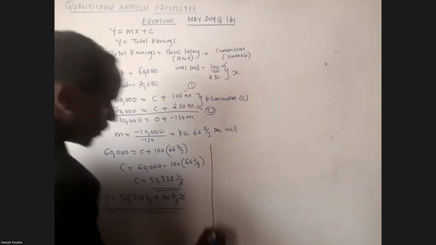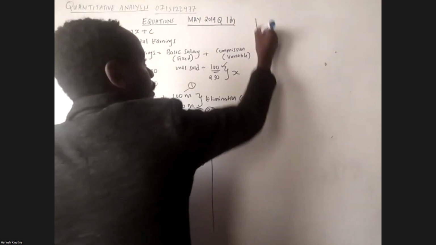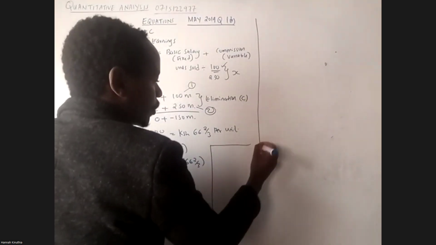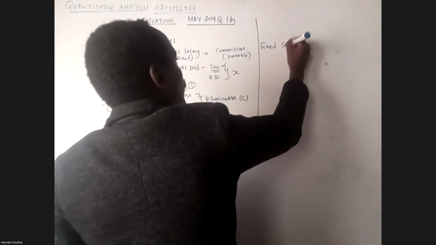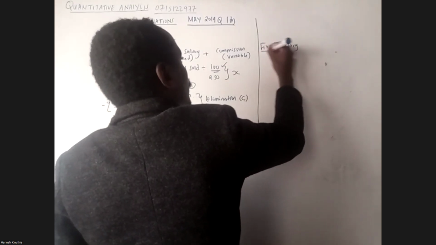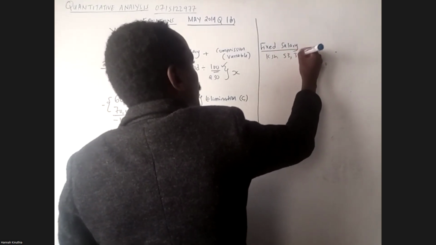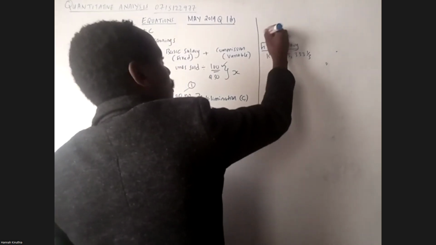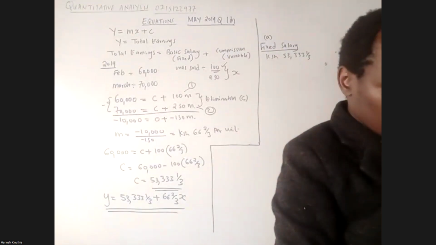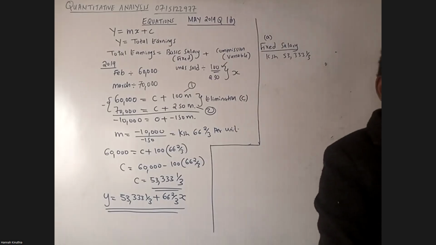Now I want to move to part B. So part A, what was the requirement for part A? Part A, I'm going to calculate the fixed salary. Now the fixed salary is Kenya shillings 53,333 1/3. That's part A. In part A, you are required to compute the fixed salary. Part B, commission per unit sold.